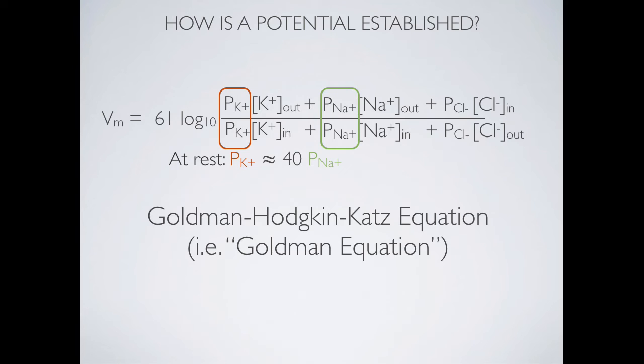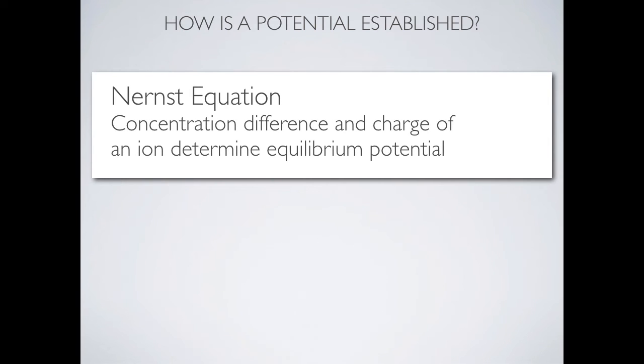Thank you. Okay, so how is a potential established? We've got the Nernst equation, which tells us how concentration differences and the charge of an ion determine the equilibrium potential. When we talk about how neurons work, you really want to think clearly about equilibrium potential. Make sure you understand that this is fundamental. What is the difference between equilibrium potential and membrane potential?